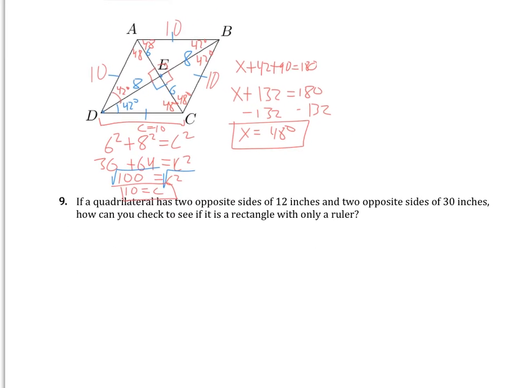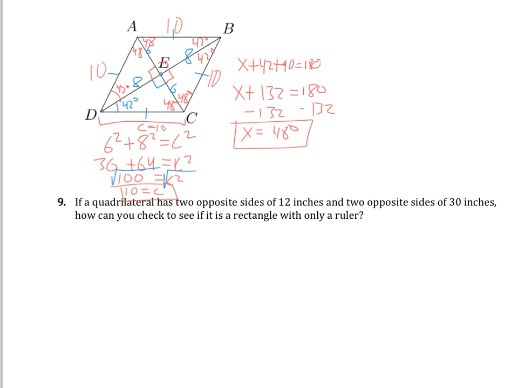So let's say we make a quadrilateral. We've got some quadrilateral. We know that two sides are 12. Two opposite sides, that is. 12 and 12. And then the other two sides are going to be 30 inches. So the question is, does that guarantee that it is a rectangle?